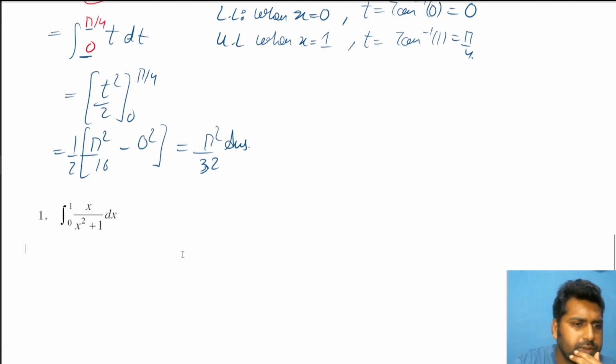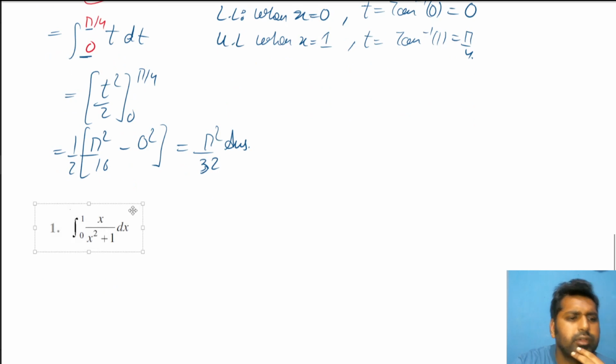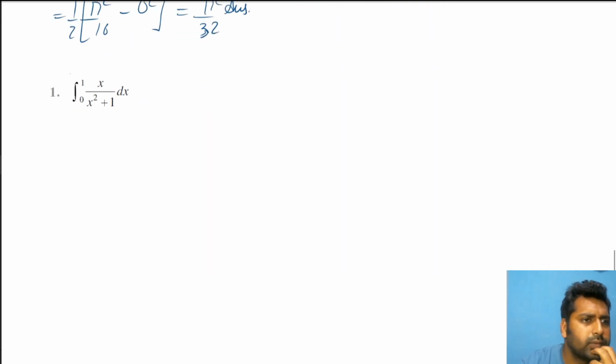Alright, for this question, clearly again, if you look at this, the denominator is x square plus 1. Let that be t. The differentiation of x square plus 1 is 2x. We don't have 2x here, only x dx.